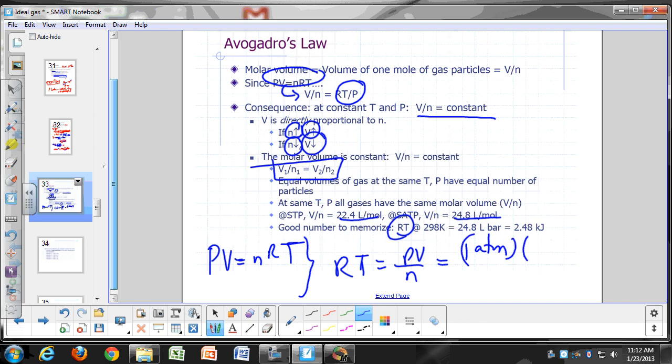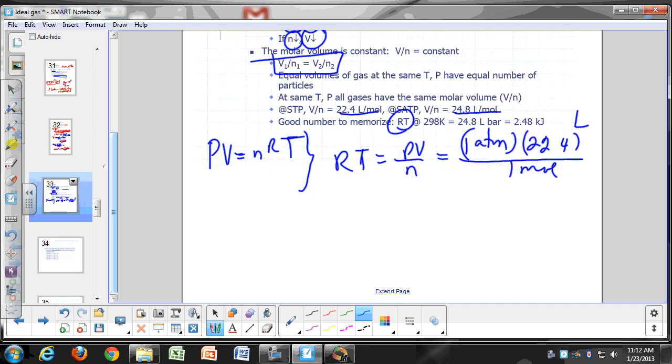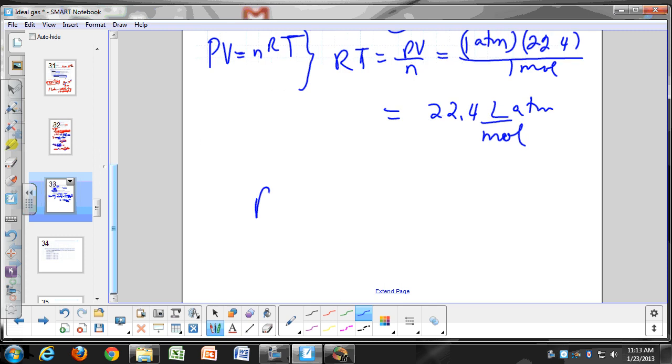What's the volume at STP? 22.4, right? And for 1 mole. So you can see that RT is equal to 22.4 liter atmosphere per mole. Okay. Now, a more useful value for RT is at SATP. So at standard ambient temperature and pressure, what's our pressure?